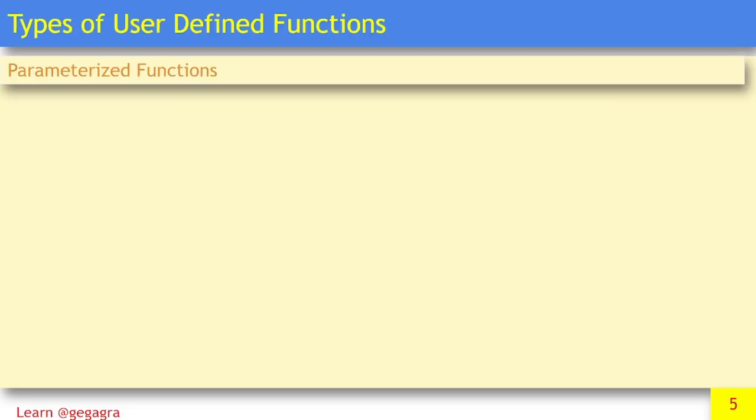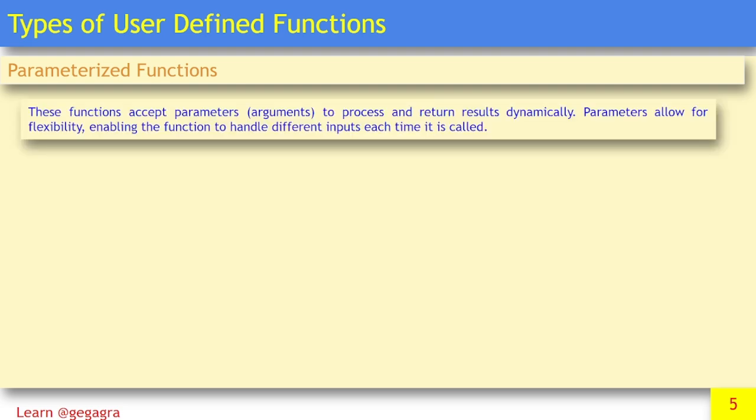Parameters are something different. These are the variables which are defined within the parenthesis. They can correspond to the actual parameters, but sometimes the definitions may differ. These functions accept parameters or arguments to process and return results dynamically.